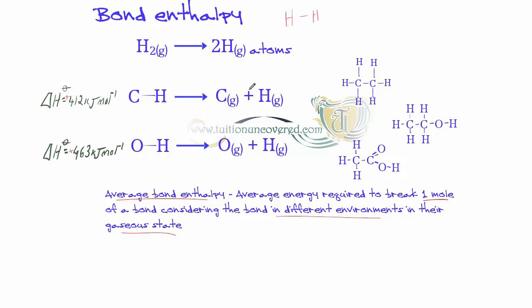We're not concerned with reforming any solids or gases or reforming other compounds, simply just breaking a mole of bonds without worrying about changing state, no latent heat, etc. So keeping the conversation simple, bond enthalpy refers to energy going to break bonds. How much? 1 mole of bonds. Average bond enthalpy, very important question in exams, refers to the average energy required to break 1 mole of a bond, considering the bond in different environments in their gaseous state.